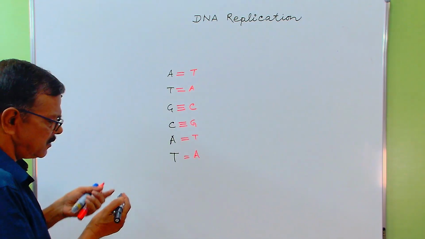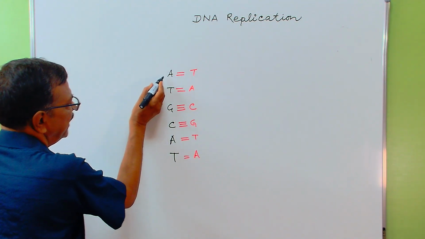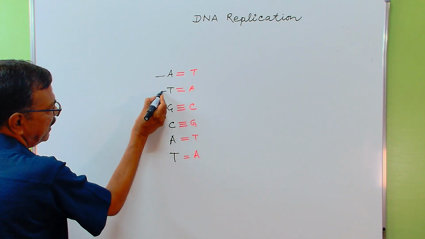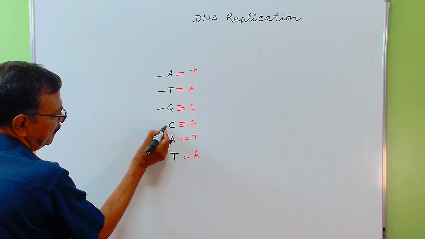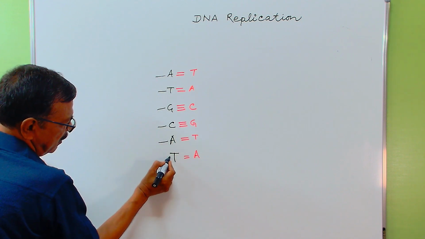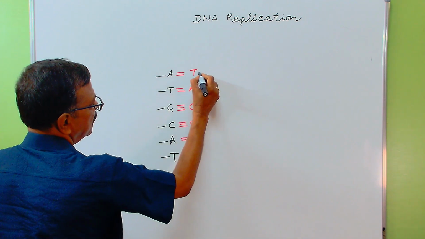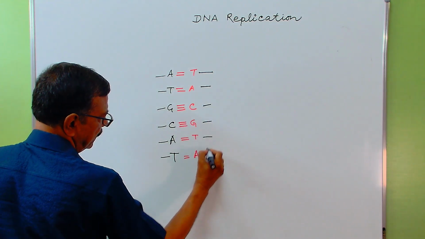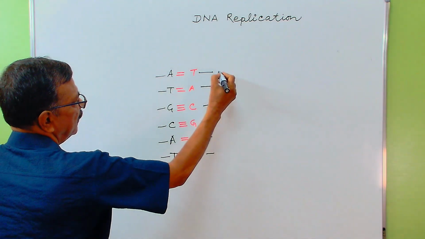And these remain attached to the carbon 1 atom, the carbon 1 position of the sugar. This also remains joined with sugar.